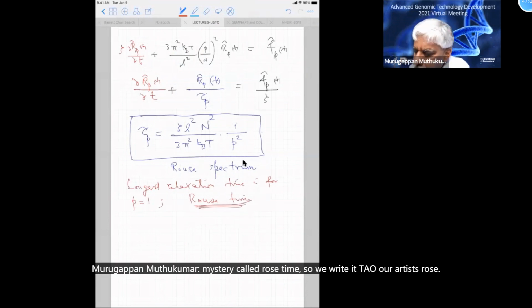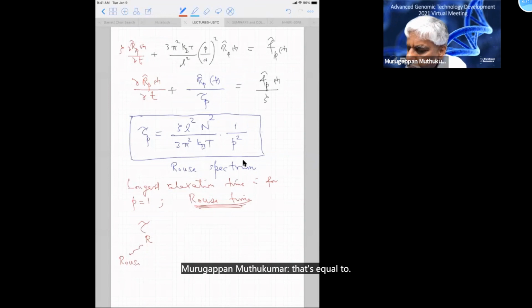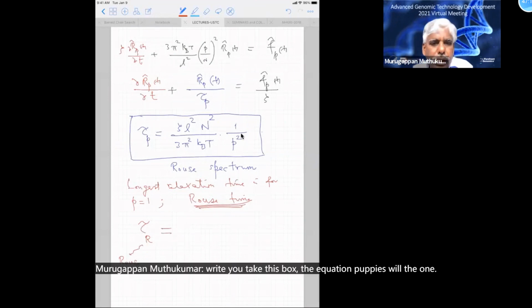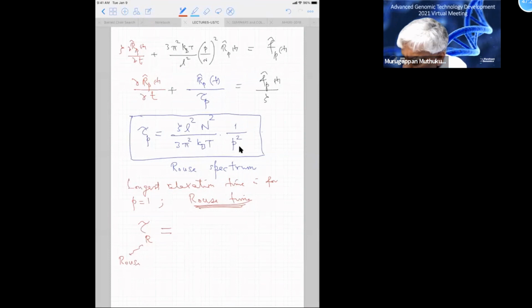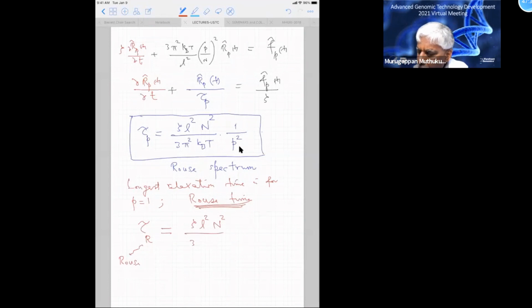So we write tau R, R is for Rouse. You take this boxed equation and put P equal to 1. That's going to be zeta L squared N squared divided by 3 pi squared kBT. This is the Rouse time.